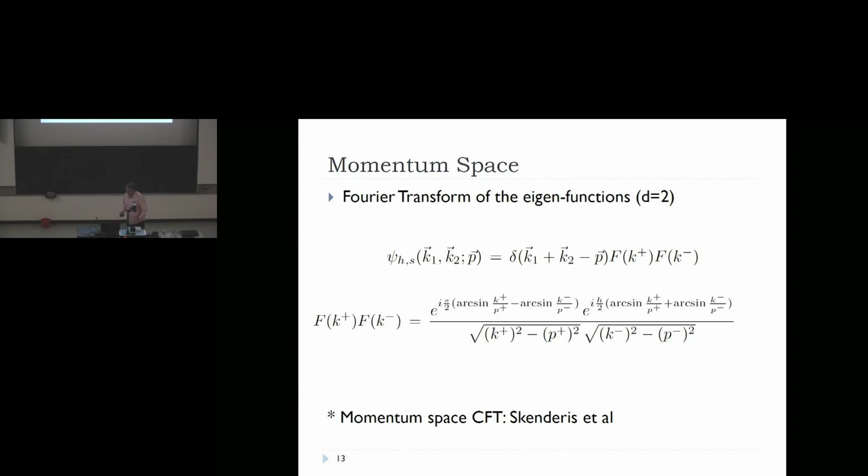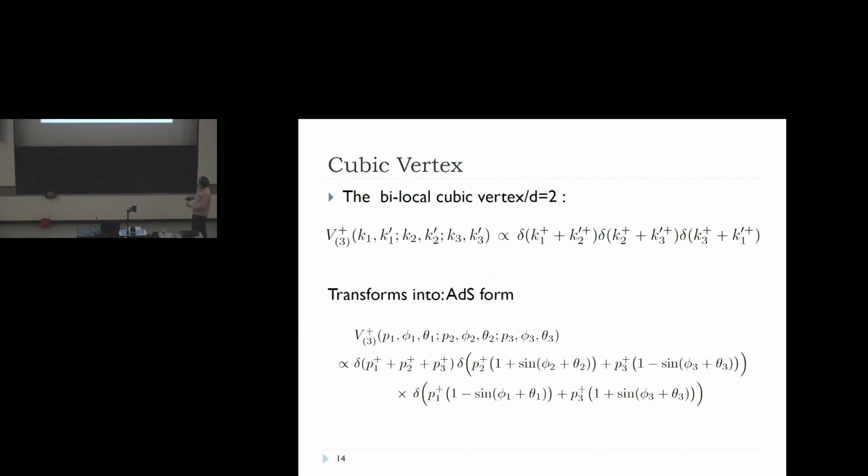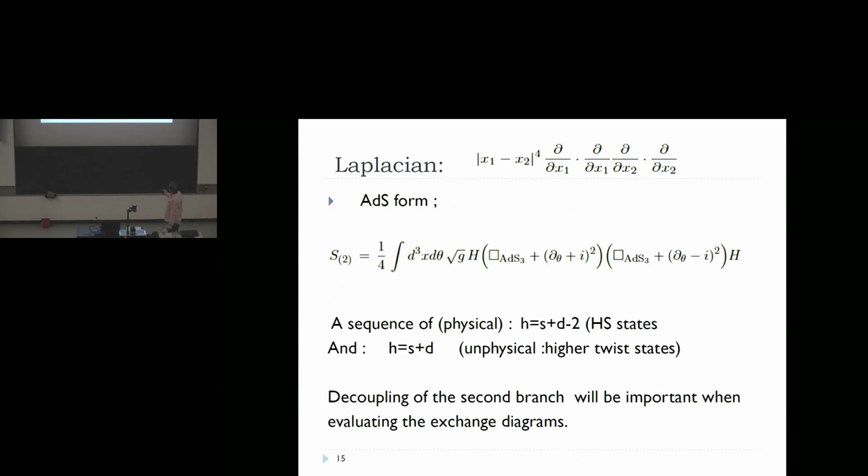Some things are nice, but when you go to study correlation functions, things get interesting. This will be the cubic vertex. I'm just writing it so that you see that it's a set of delta functions. There is nothing else going on except that star product that I emphasized. So I will not spend time on that.